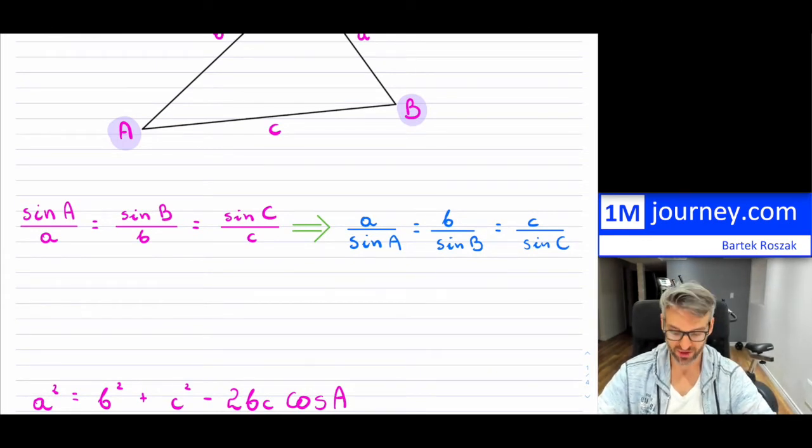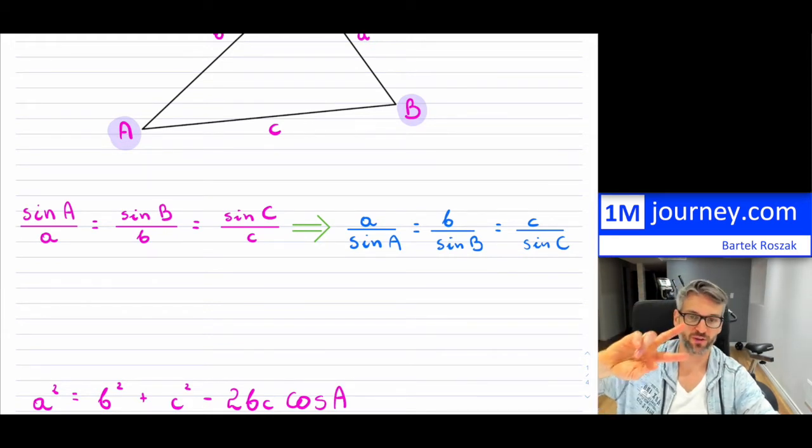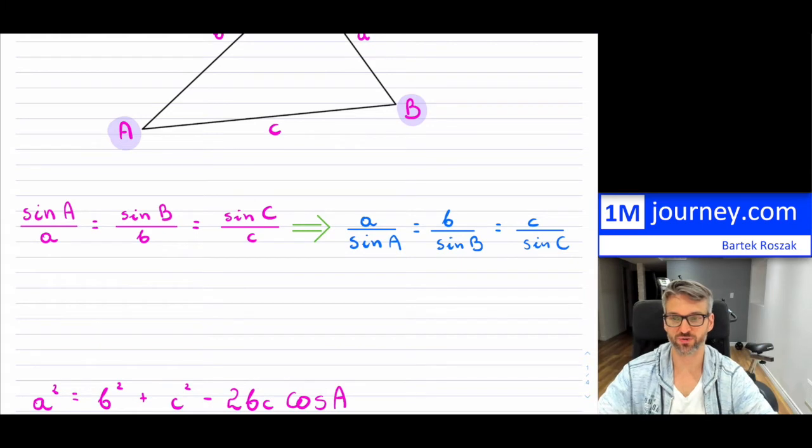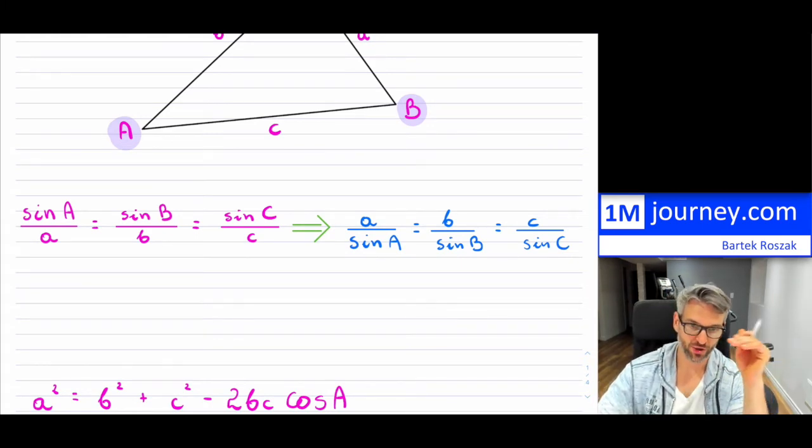And you'll notice that you can write it in two different ways. Sometimes people write sine of A, sine of B, sine of C on top in the numerator, or you can take the reciprocal of everything and then your actual sides are written on top and the angles are written at the bottom.